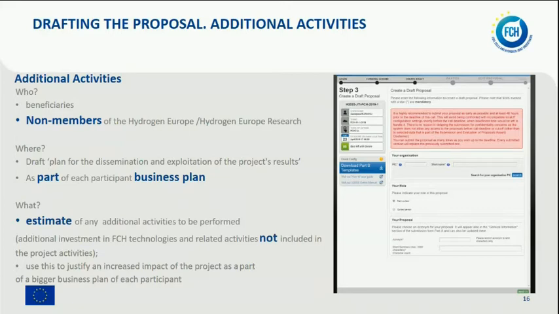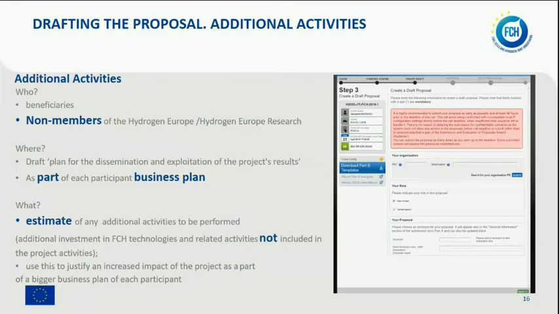And one additional point related to drafting the proposal, in the sub-document that you download, namely the document for determination expectation, we would like you to include, if you have, any additional activities that you are doing in the field of chemical hydrogen on top of those which are in this project. We are interested to know what is the leverage.